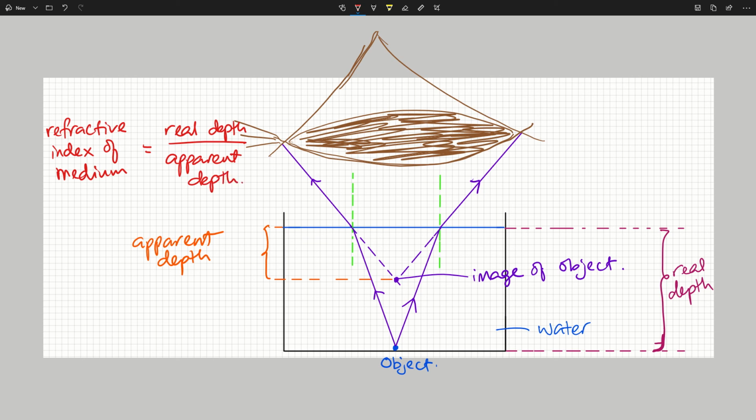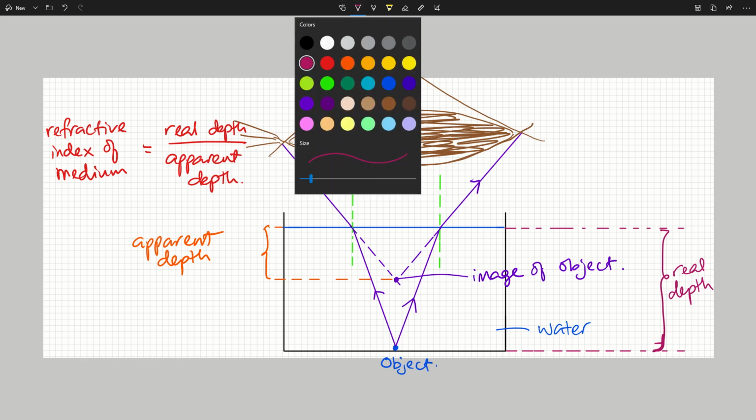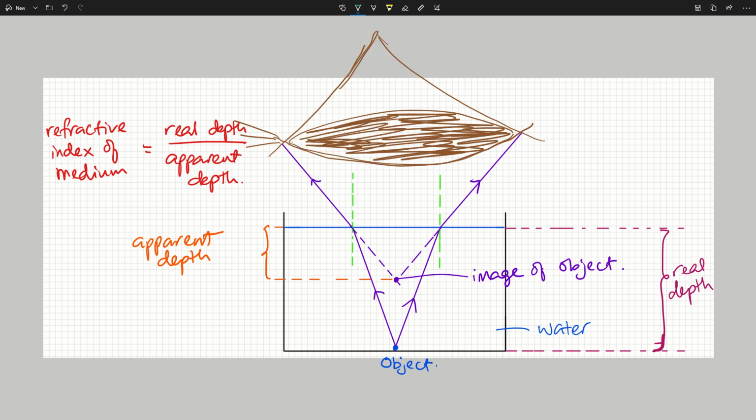Alright, but all other refractive index relations still apply, in the sense that if I have this angle, I call it i, and this angle I call it r.